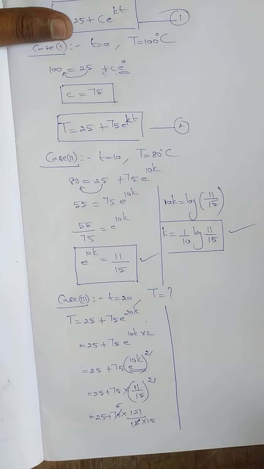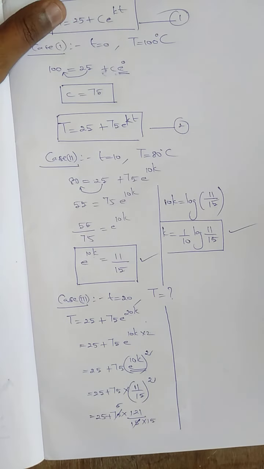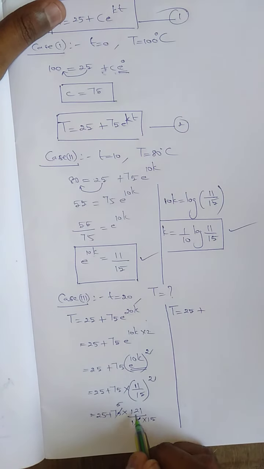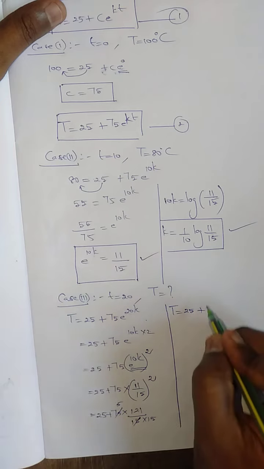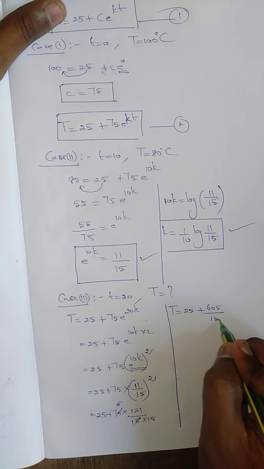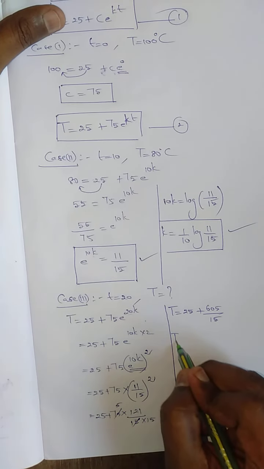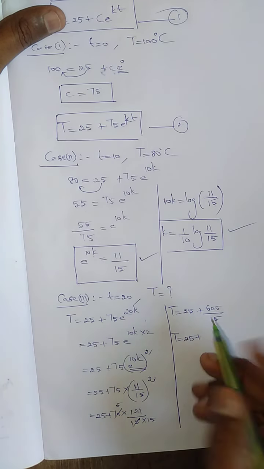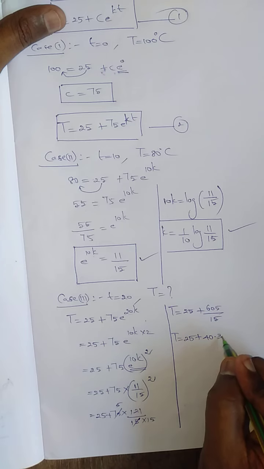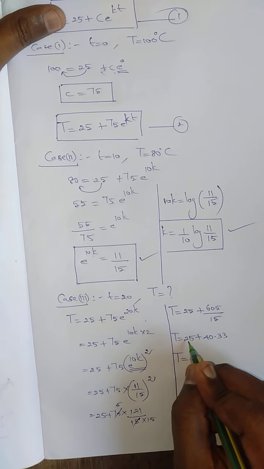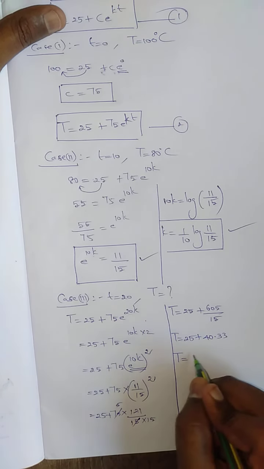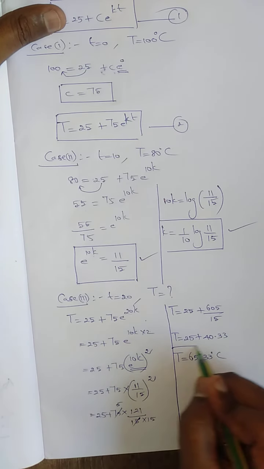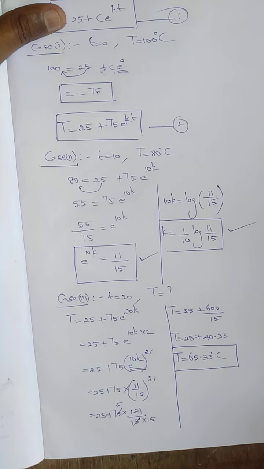So capital T is equal to 25 plus 121 into 5, which is 605, divided by 15. 605 divided by 15 is nothing but 40.33. So T is equal to 25 plus 40.33, which is 65.33 Celsius. So this is the required answer for the first subdivision.